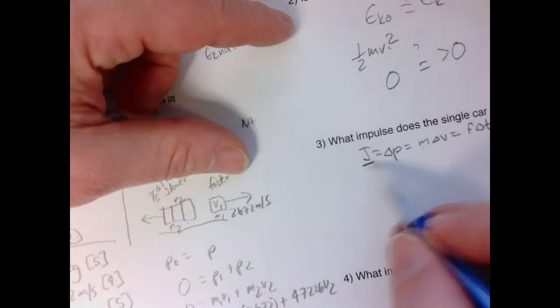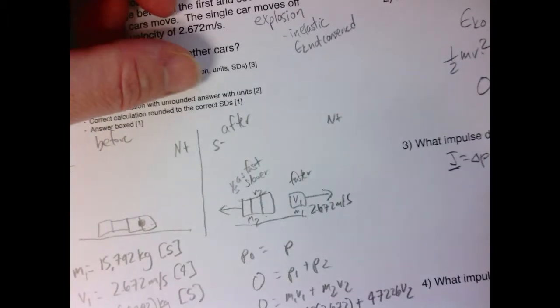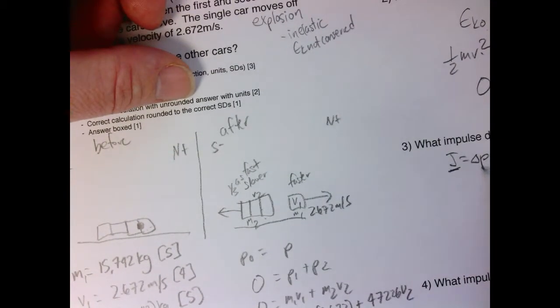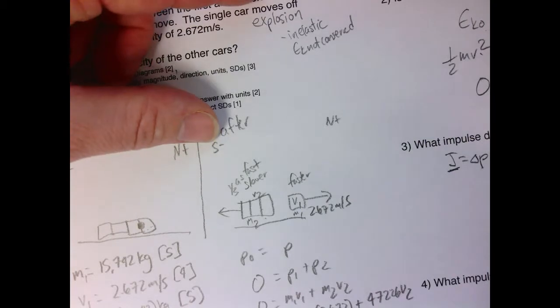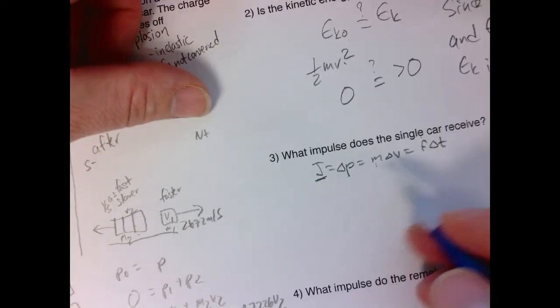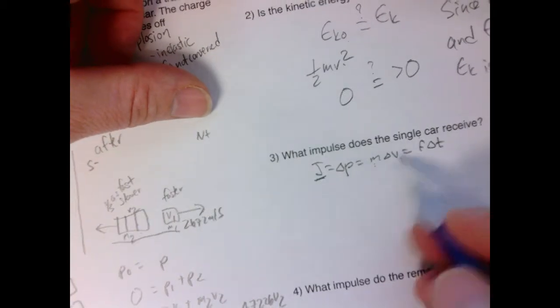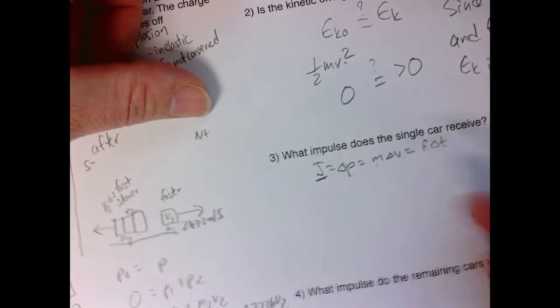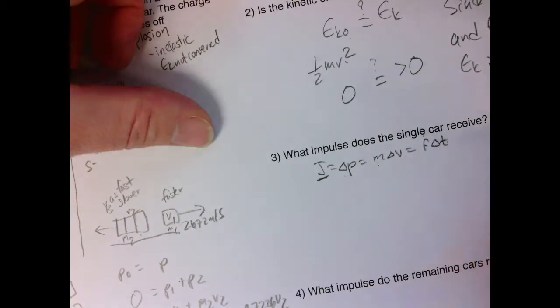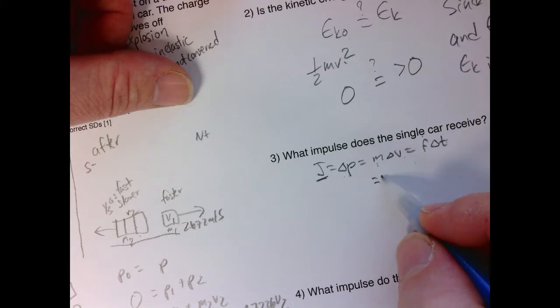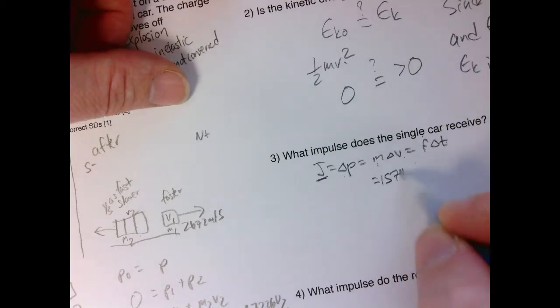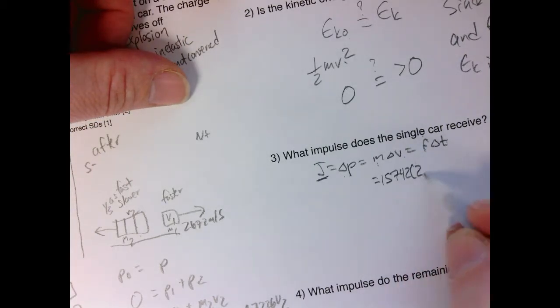So we're looking for the impulse. Well, do we know the change in momentum of the single car? Well, we know the mass, and we know the velocity it undergoes. We don't just know the change in momentum, and we don't know anything about the forces or the times involved. So we have the mass, which is 15,742. Change in velocity was 2.672 because it went from rest to this speed.